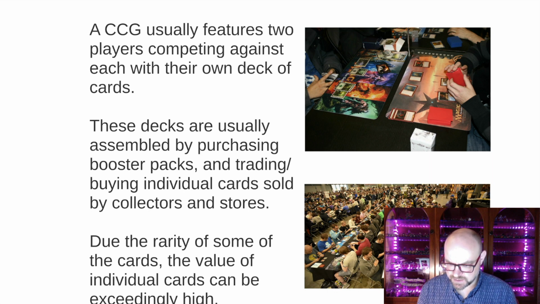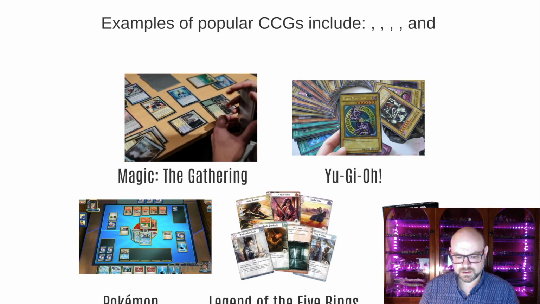This looks like Magic, and there are enormous conventions and weekly game nights at stores like Good Game in Wollongong, where they have Magic nights. They'll have Yu-Gi-Oh events. They'll have Pokemon events. And particularly in Magic, because some of these cards are really rare, the value of those cards is exceptionally high.